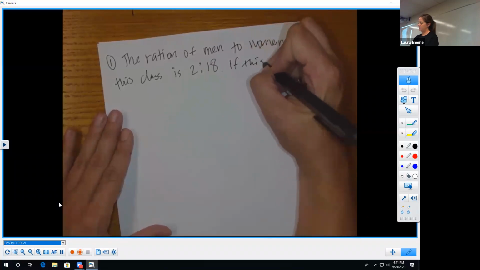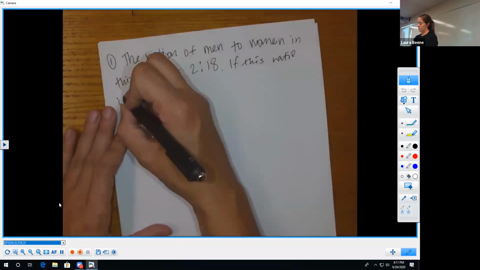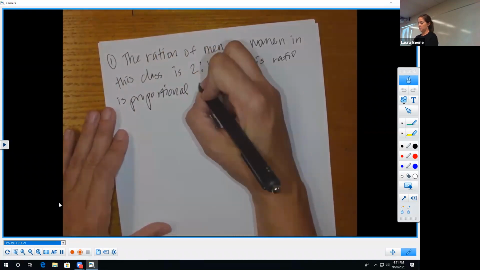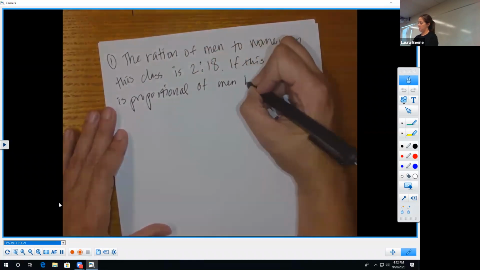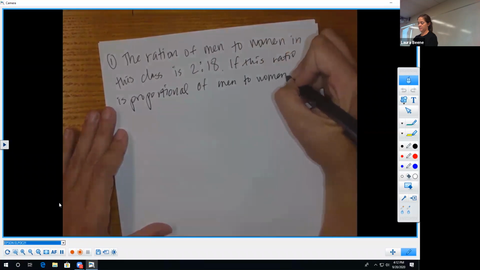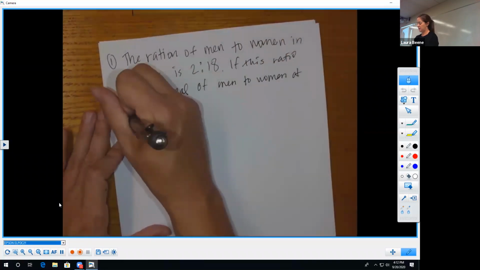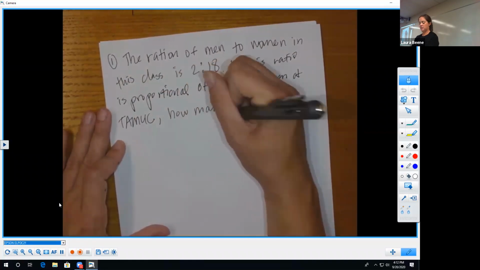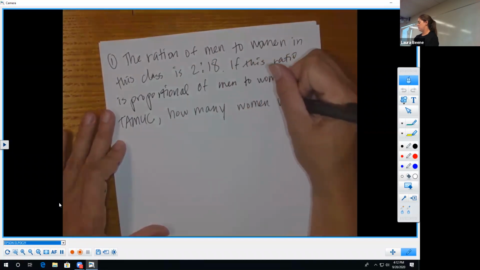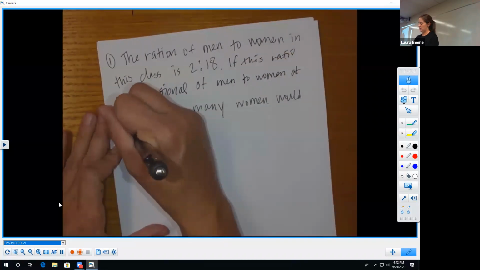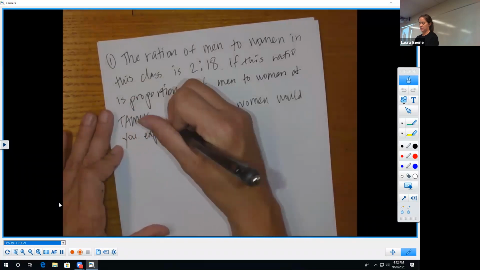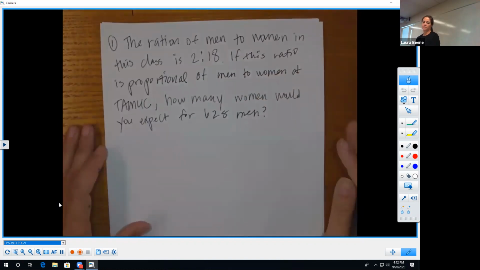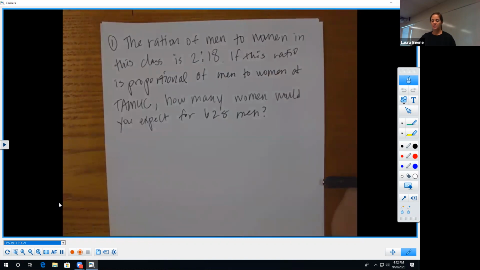If this ratio is proportional of men to women at the university, how many women would you expect for 628 men? Okay, so that is the problem.